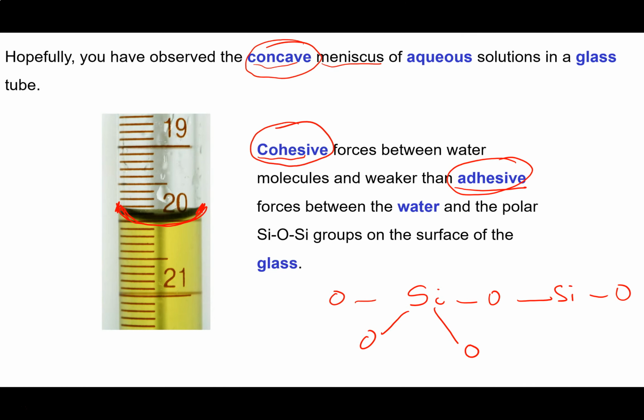And these adhesive forces are between the water molecules and the silica. Because the adhesive forces are stronger than the cohesive forces, you see this concave meniscus where it rises up, where the silica is pulling the liquid up the sides of the tube.